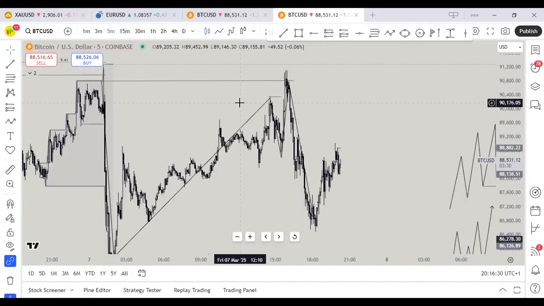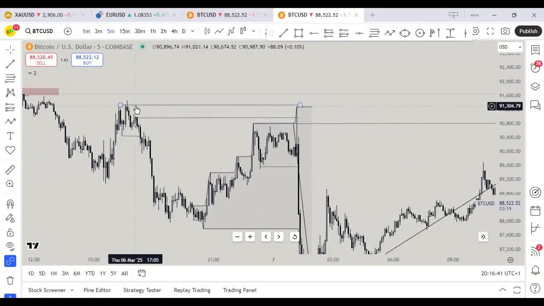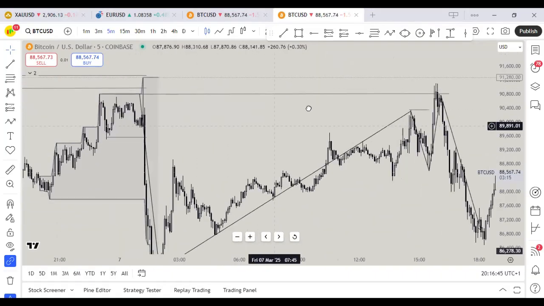So the types of point of interest that I like to trade are the breaker block, the order block, or the QMR. And you can see this QMR is not mitigated.